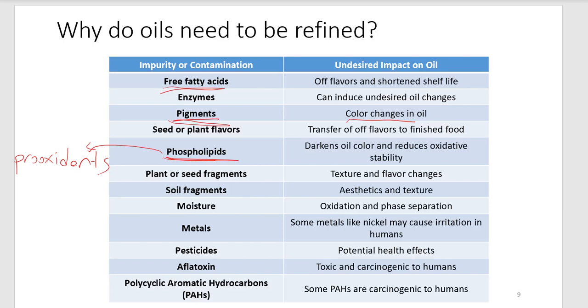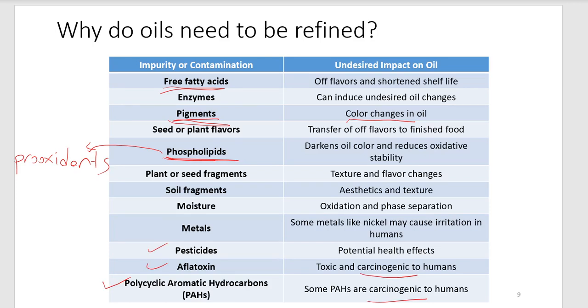On the other hand, we have harmful impurities such as pesticides, aflatoxin, polycyclic aromatic hydrocarbons. They have potential health effects, and they can even be carcinogenic to humans. That's why they must be removed.